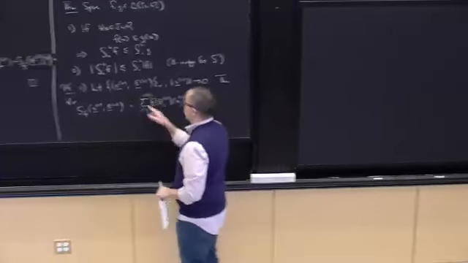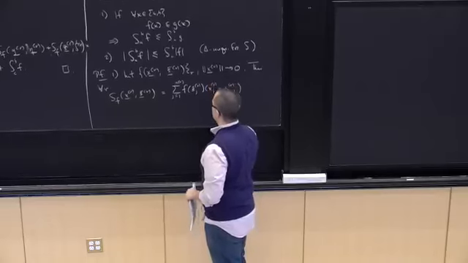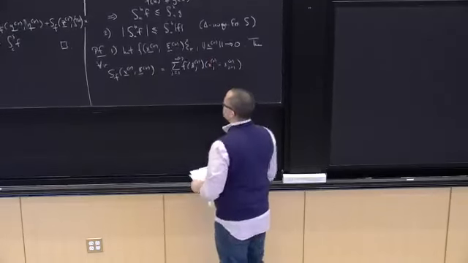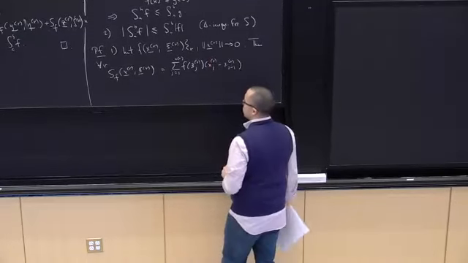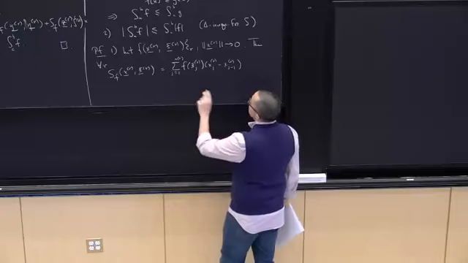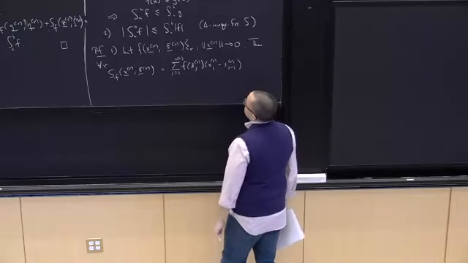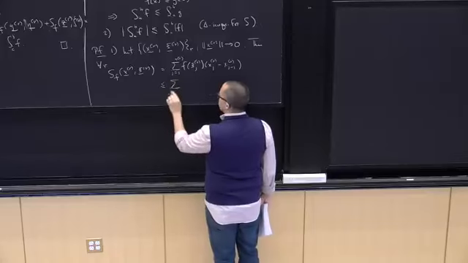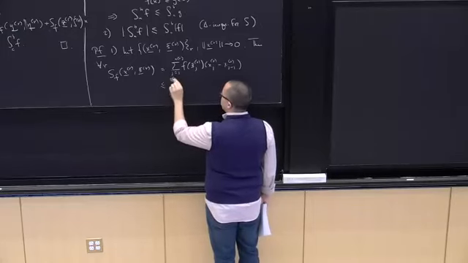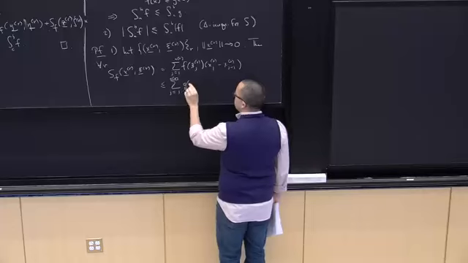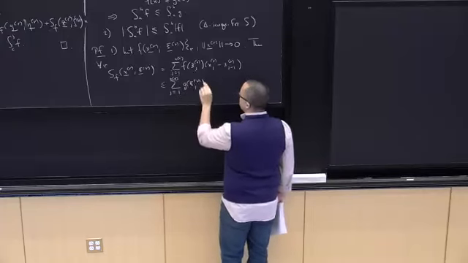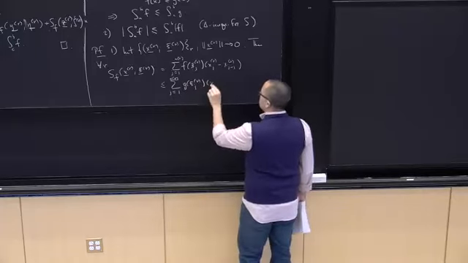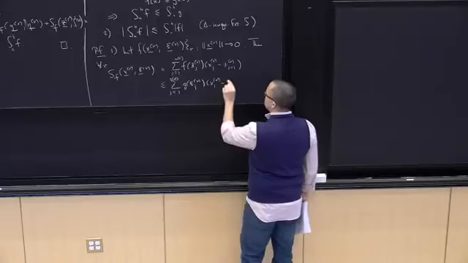So here, n of r is just the number of partition points that we have in our partition x superscript r. And since we're assuming f of x is less than or equal to g of x for all x in [a, b], this is less than or equal to the sum from j equals 1 to n of r of g of c_j^r.